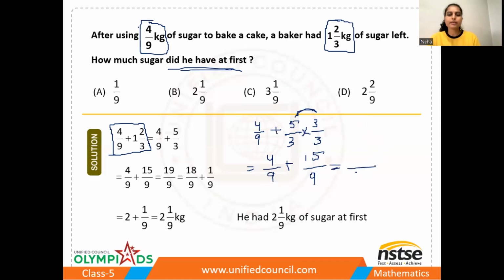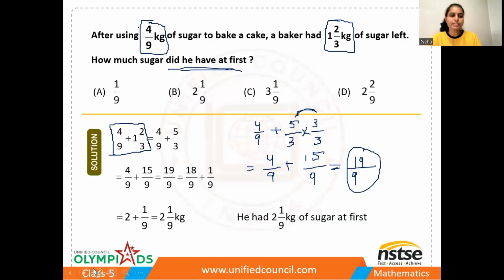Now you can easily write the denominator and easily add the numerators. Okay, so 15 plus 4 is equal to 19, right? So this is 19 divided by 9. Yeah. Now 19 divided by 9, I can't see in the answer, right? So what we have to do, we have to convert it into a mixed fraction. Okay, so how can you do this?